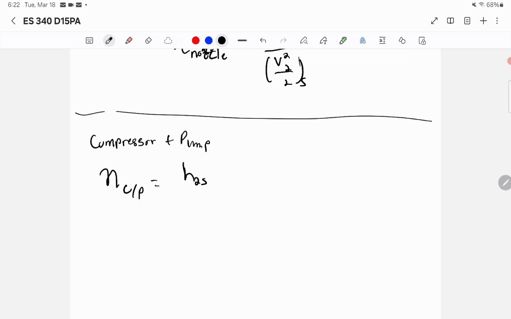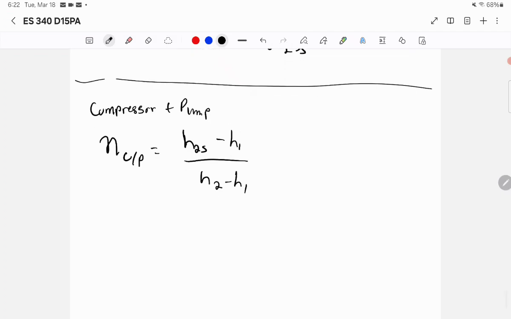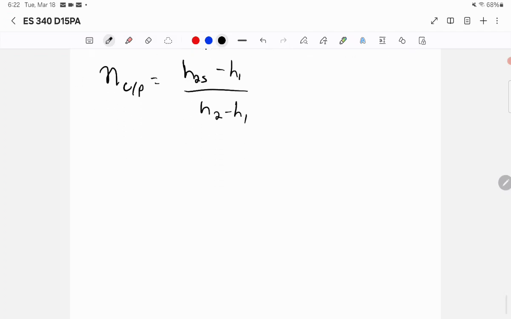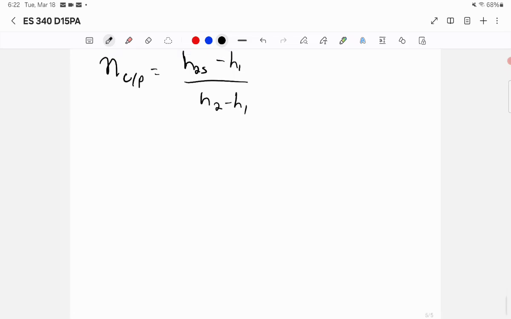Again, that's my isentropic, assuming that it had been isentropic, over h2 minus h1. That's my efficiency there. And obviously I'm making certain assumptions about kinetic energy terms and things just like above. So that's what you would find in those cases.